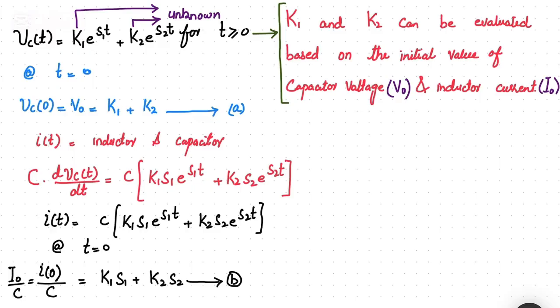From equation A, let's calculate the value of K1. So K1 would be equal to V0 minus K2. We can substitute this in equation B, and that would be I0 over C is equal to K1 times S1 plus K2 times S2, where K1 is now V0 minus K2.